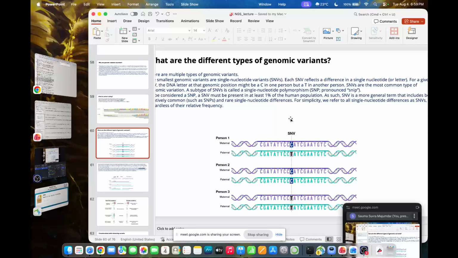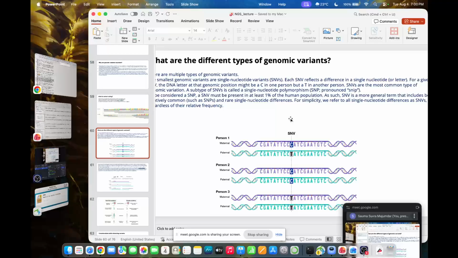So how to determine if the variant is benign or pathogenic? We have different techniques for that. But generally, the idea is that if this variant is very prevalent in the population, say you sequence 1,000 human genomes and you find this variant is present in, say, 500 of them, and all of them are healthy individuals, then this variant is not contributing to any disease. This is a benign variant, right?